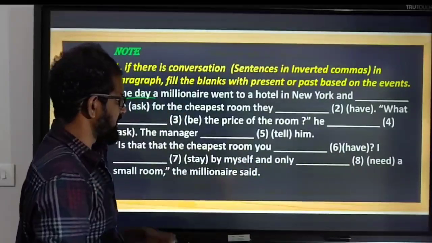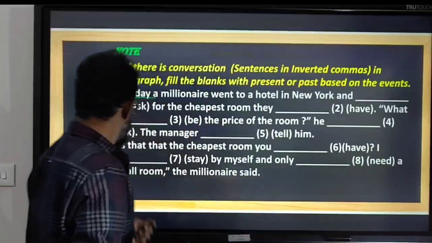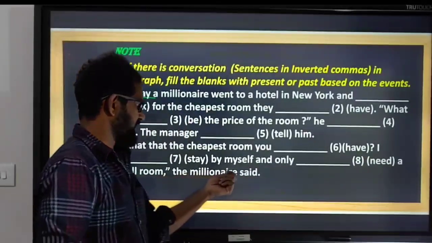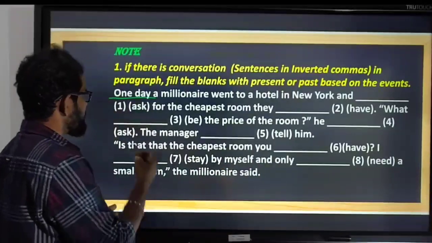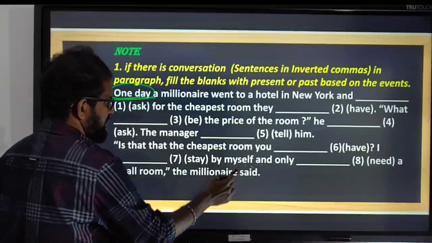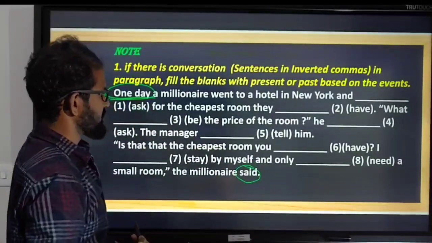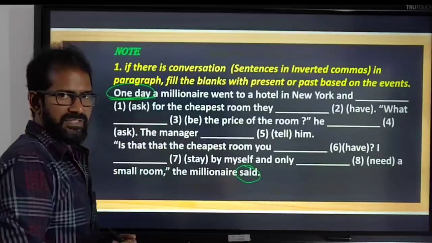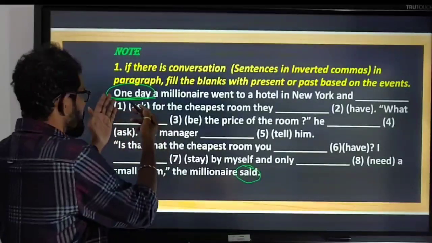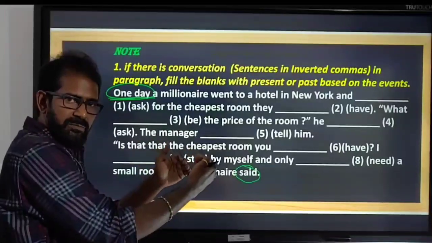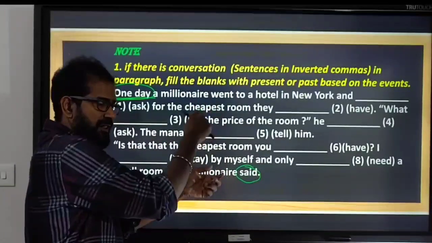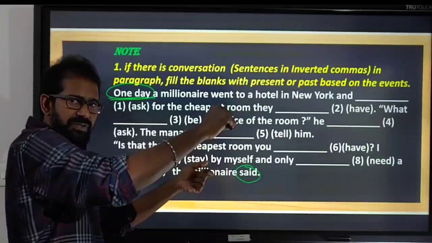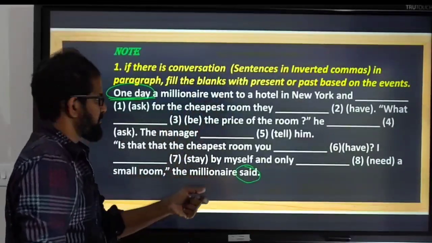I stay by myself and only need a small room, the millionaire said. So the given paragraph is in past. One day, said: these words tell us the given paragraph is in past tense. So let us fill in the blanks with the past tense. But be careful, if conversation comes between, we need to move back to the present.